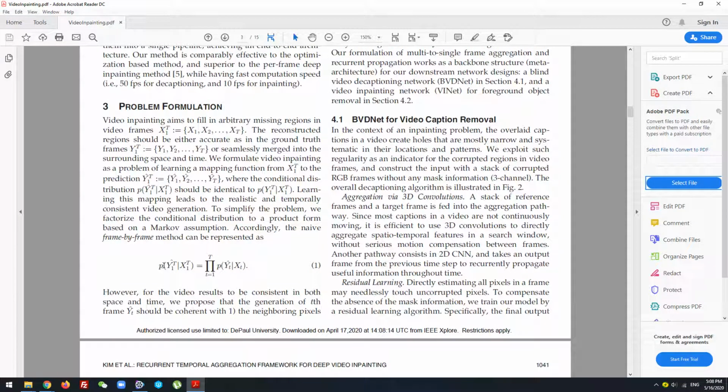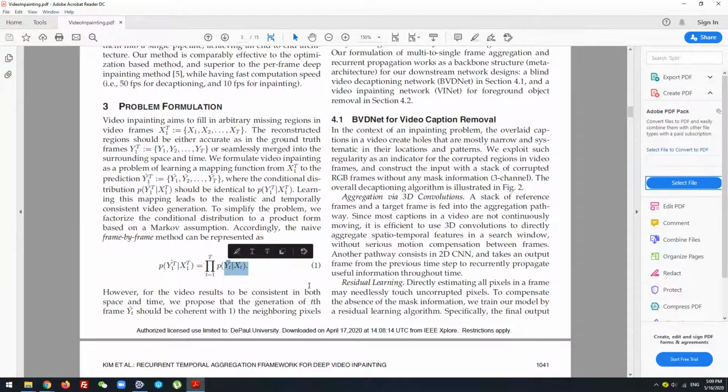This is the formula he used for each frame from time 1 to time t. He changed it to a prediction frame from time 1 to time t, and this is supposed to be the same as the ground truth. So he mapped every frame from the input to an output frame.